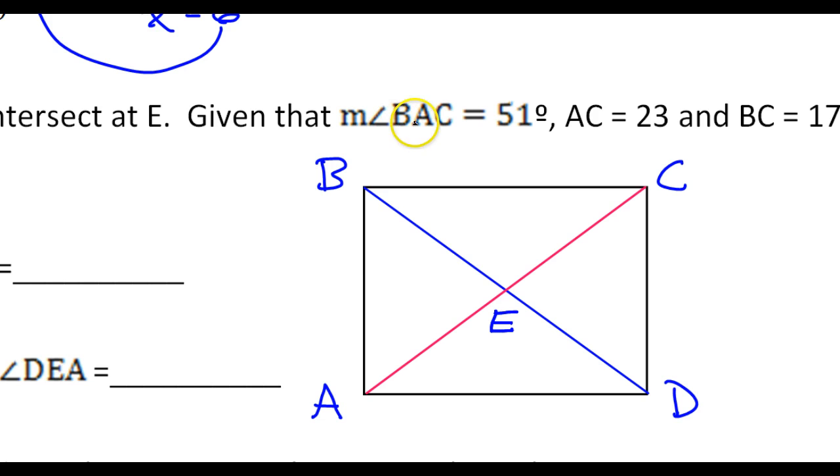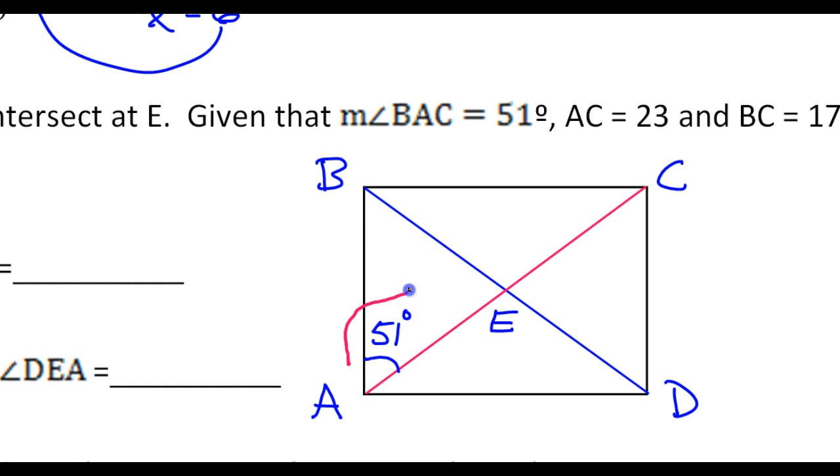Given that the measure of angle BAC is 51 degrees, so BAC, that's this angle right here. So this is 51 degrees. AC is 23. AC is this diagonal. So this whole thing is 23.